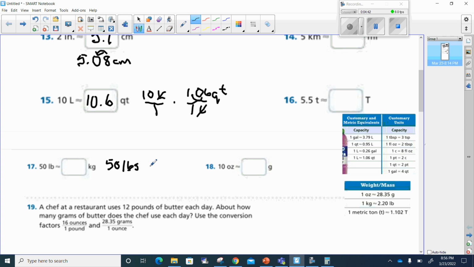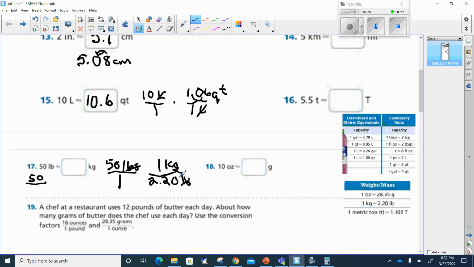So I'm going to put my pounds there, and I'm going to have to put my 2.20 pounds over 1 kilogram. And remember, I'm trying to get rid of my pounds, right? This is going to leave me with 50 times 1 over, right? Because this is going to end up being 50 times 1 is 50.